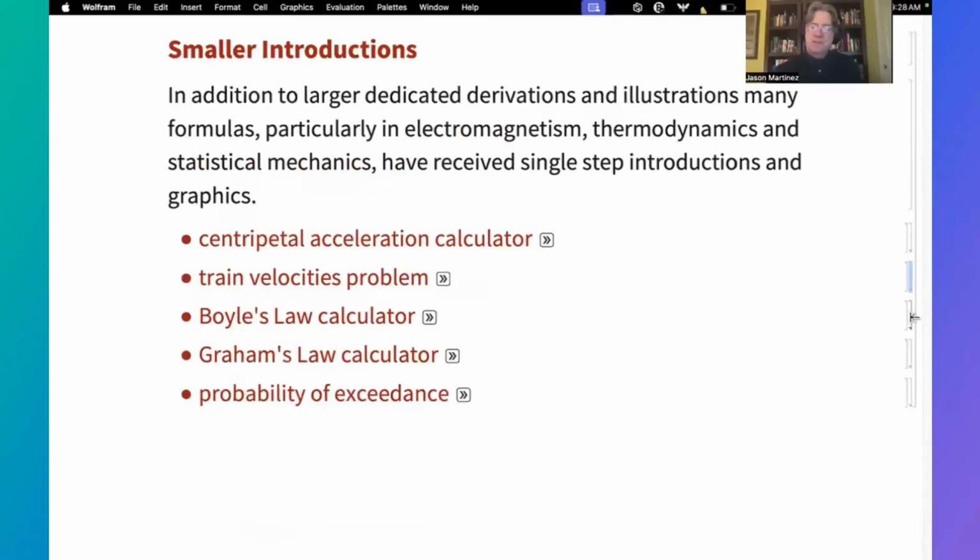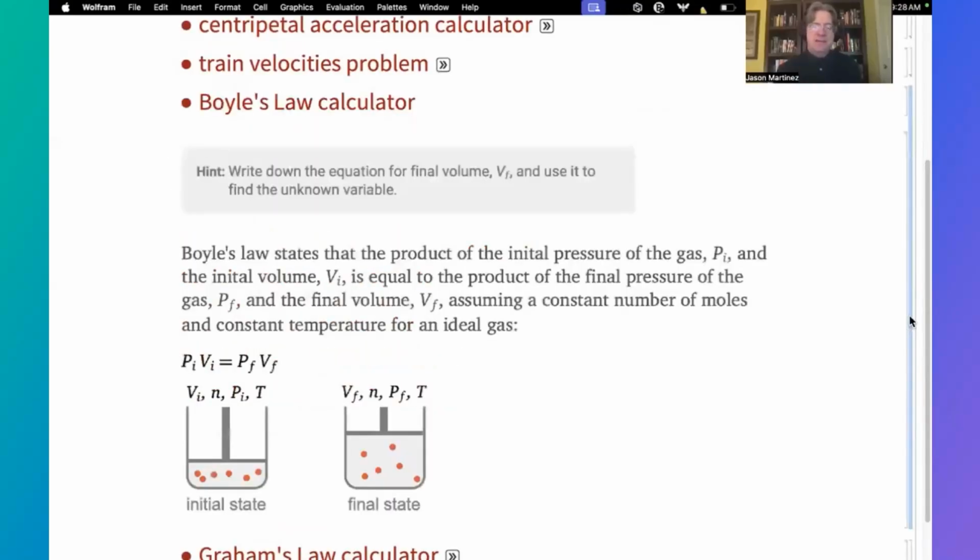This is particularly more interesting for more complicated cases. So here we have Boyle's law, which is a thermodynamics type calculation or statistical physics, where we have a gas under pressure, and we keep the amount and the temperature static, and we vary volume.